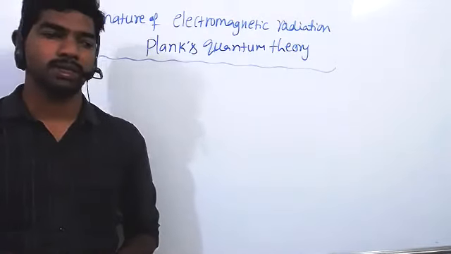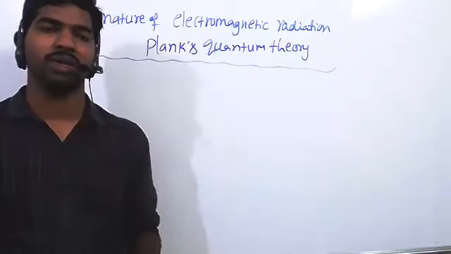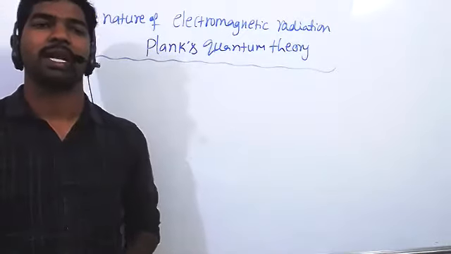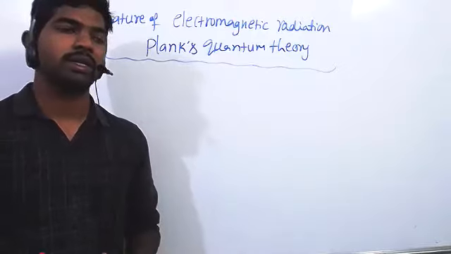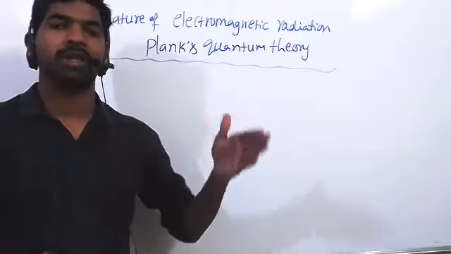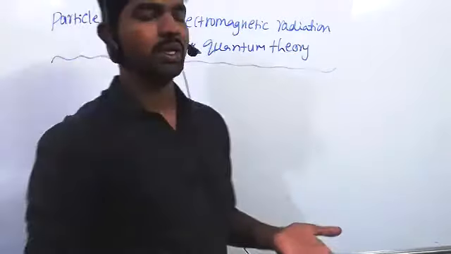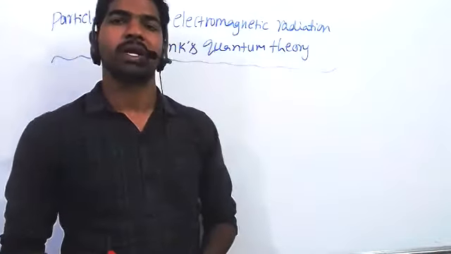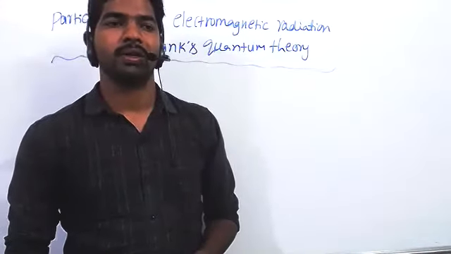Atomic models are still to come, two models we need to discuss. But here we are discussing the nature of light, because to understand spectrum we first have to know the nature of radiation, the nature of light. Then only can we move to spectrum.